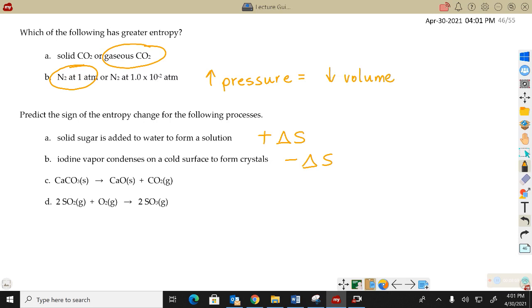That might be one sign that this is going to have an increase in disorder. Or I could say, I'm starting with 1 mole of reactant and forming 2 moles of product, and one of the products is a gas. So there's definitely an increase in disorder or an increase in entropy.